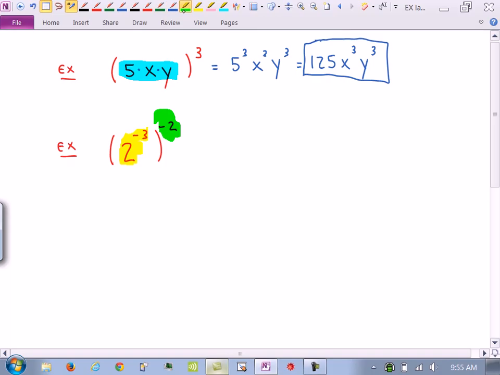What we're going to do is take the powers right here and multiply them together. Negative times a negative is positive. So the base doesn't change, it's 2, but now it's to the positive 6. And 2 to the positive 6 is 64.